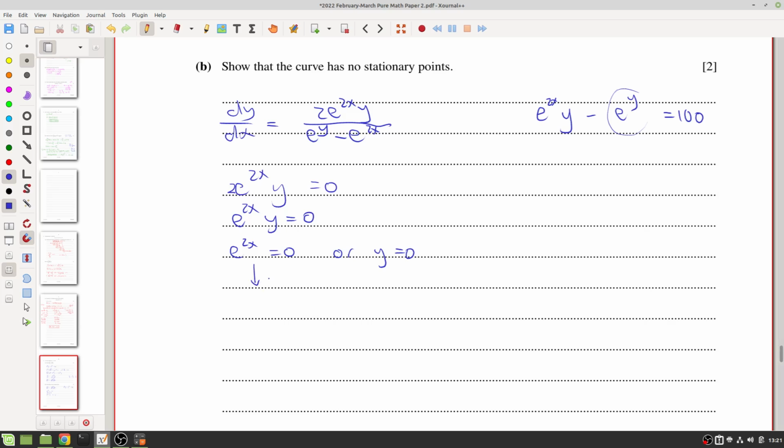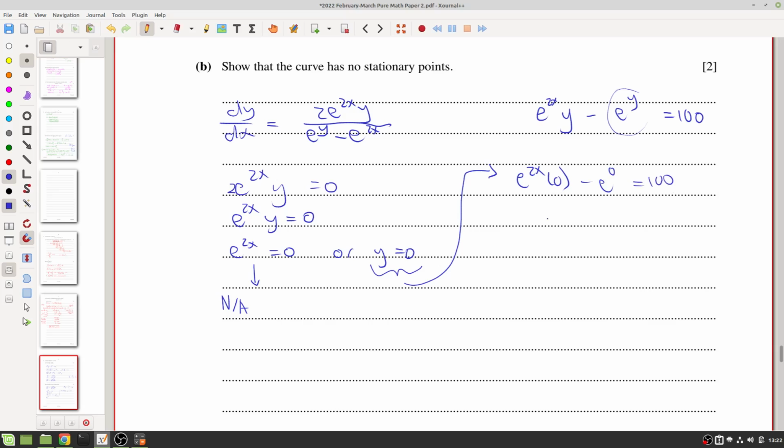Now this part is not possible, right? Any positive number, like e for instance, raised to any exponent can never be 0. So this is not possible. Our other option is that y is 0. So let's check what happens if we make y 0. e^(2x) times 0 minus e^0 must be equal to 100.